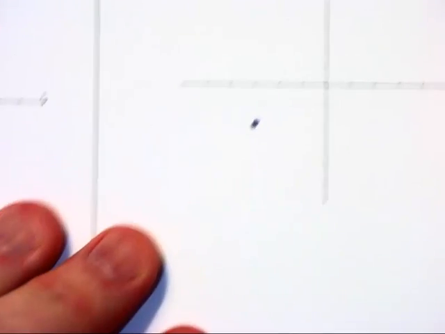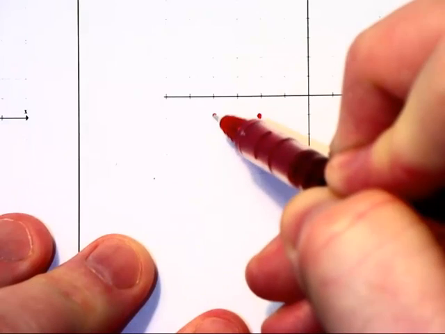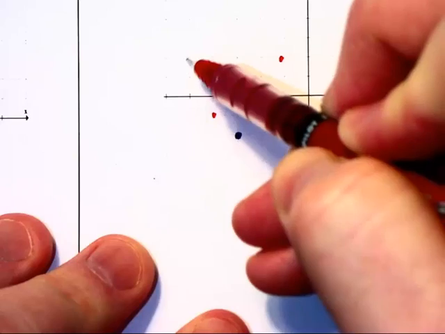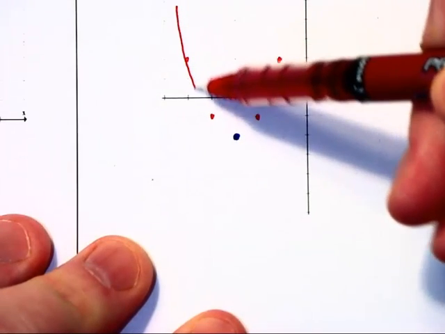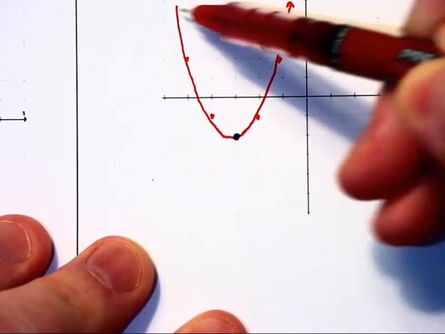We're going to do the same thing down here with this. We're going to go over 1, up 1, and by symmetry have a point to the left, over 2 and up 4 to have another 2 points. Now we have 5 key points through which our parabola is going to run.